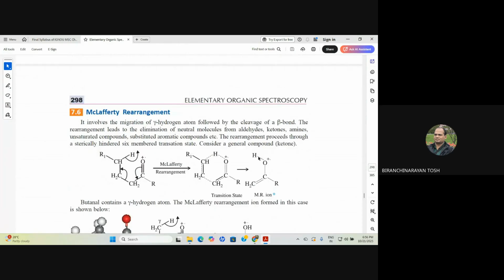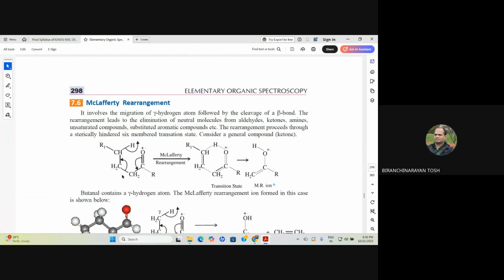You can see here alpha, beta, gamma. If there is a gamma hydrogen, it involves the migration of the gamma hydrogen atom followed by cleavage of the beta bond. So the beta bond means this one, there will be cleavage.